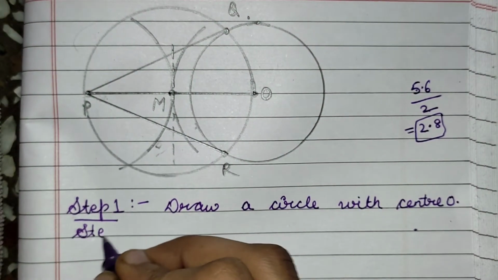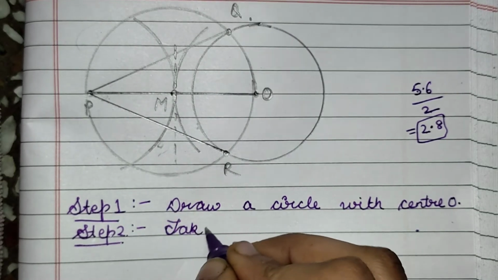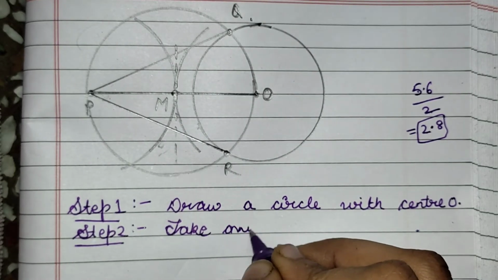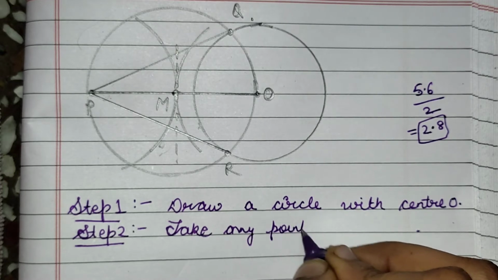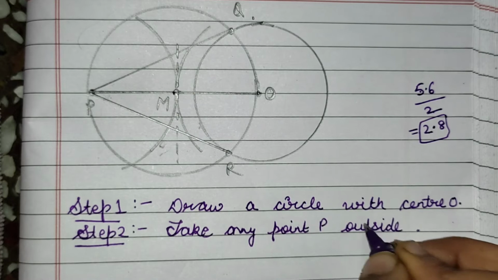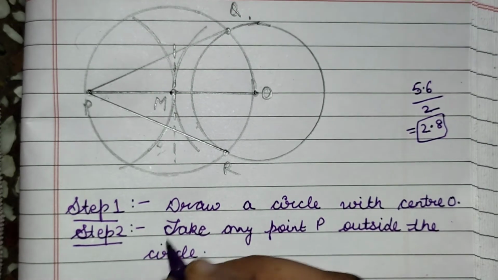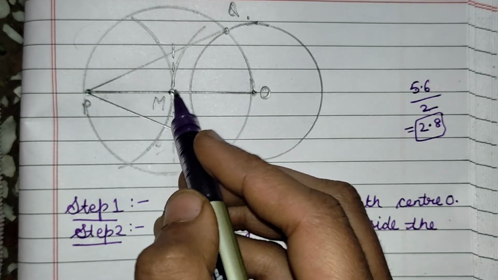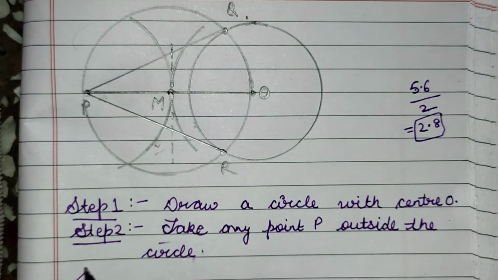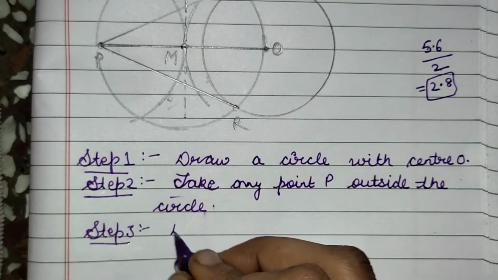Then step number 2, take any point P outside the circle, right? Next, what we have done, after taking this point P, we have drawn this bisector on the line OP.